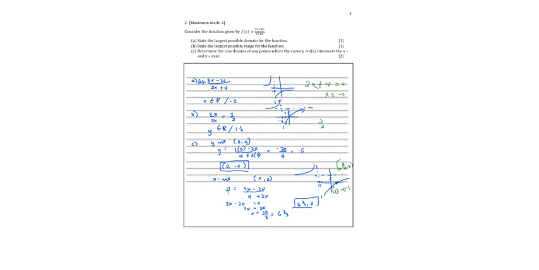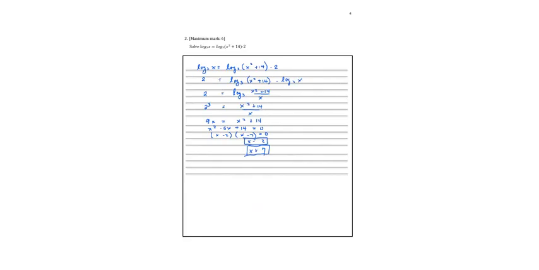Okay, next one. Solve for log base 3 of x equals log base 3 of x squared plus 4x minus 2. So I can just rearrange them, putting 2 on the other side and then putting the log expressions together.